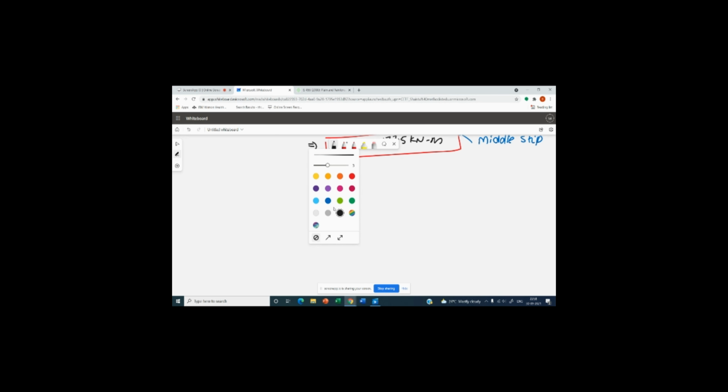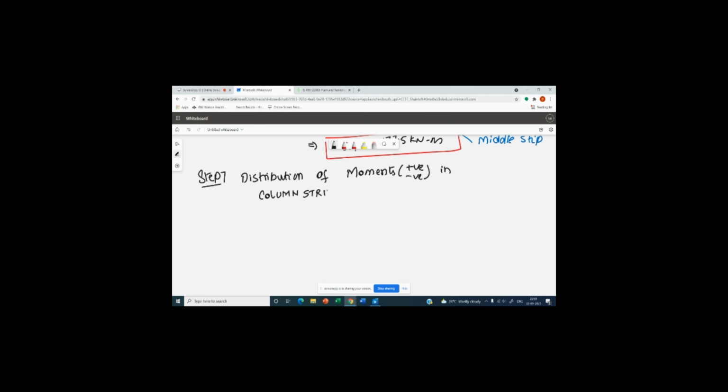So that will be our step 7. Step 7: distribution of bending moment, or I can say distribution of moments, that is positive as well as negative, both bending moments in column strip and middle strip.